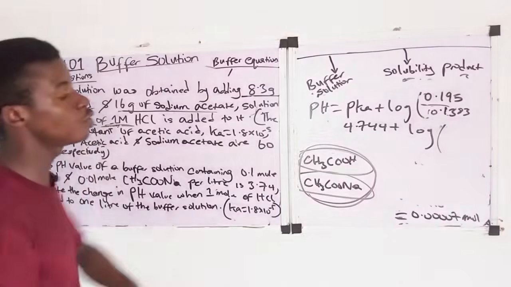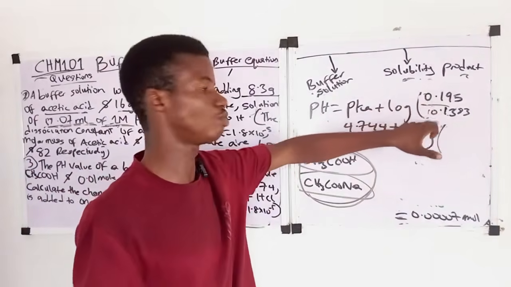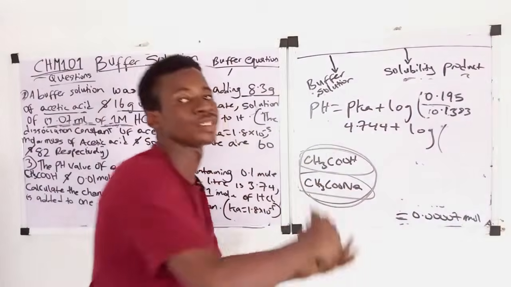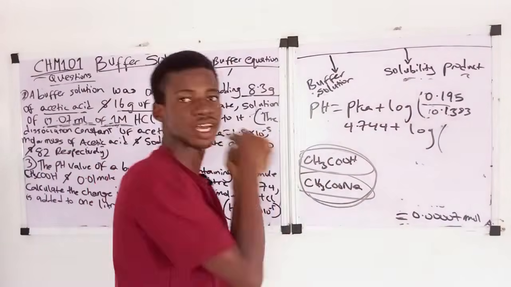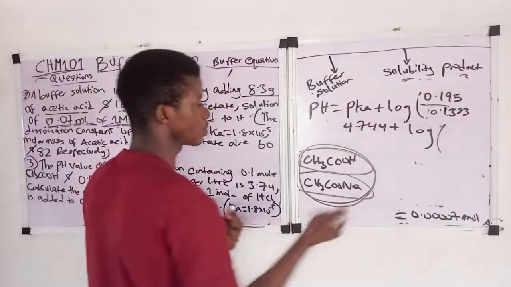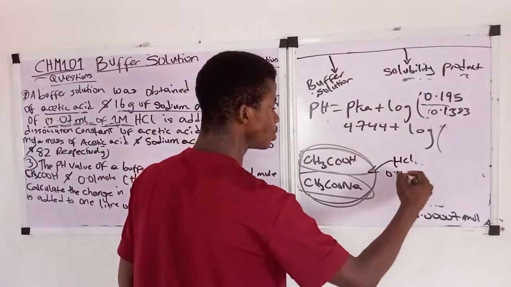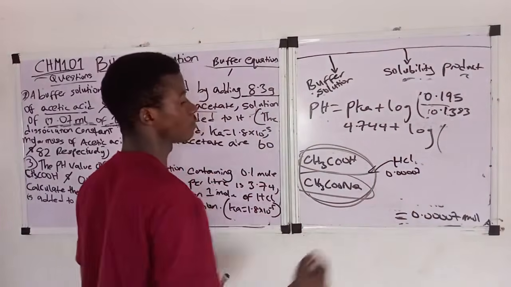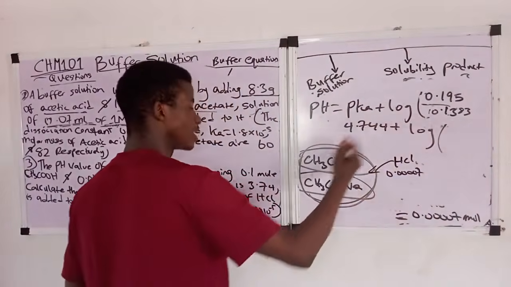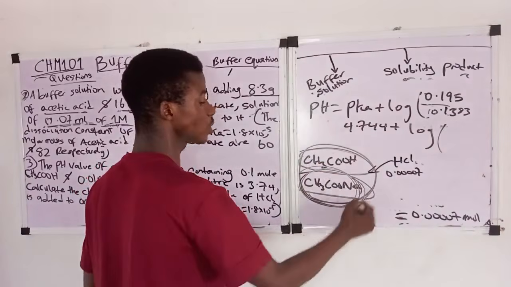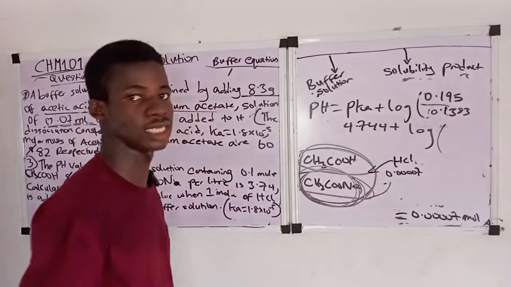Now let's go back again. We have looked for the mole of this. This is the mole of the salt, this is the mole of the acid. Now this is the mole of the hydrochloric acid that was added to the buffer solution. Now when 0.00007 mole of hydrochloric acid is added to this buffer solution, what will happen? It is the salt part that will neutralize the acid.